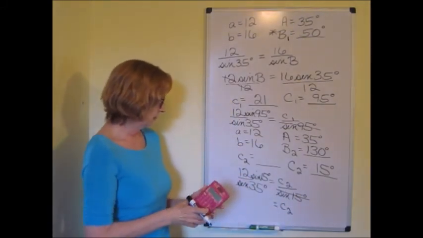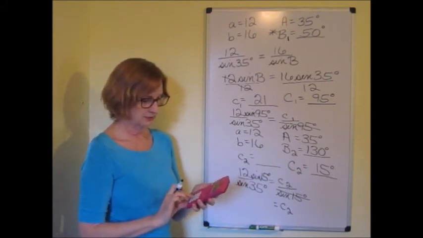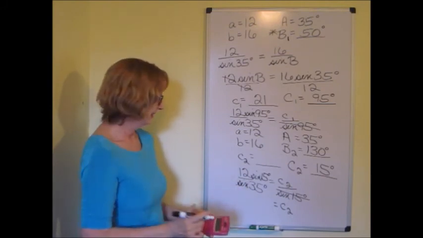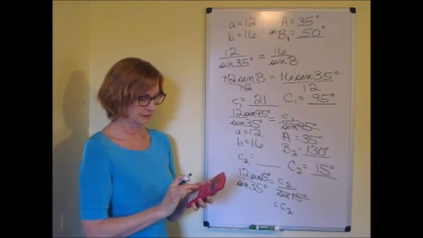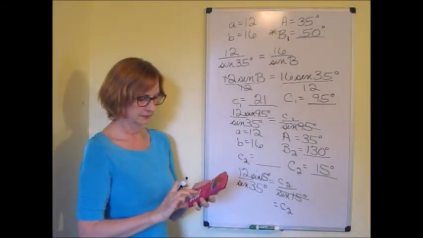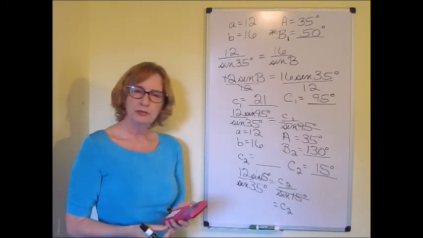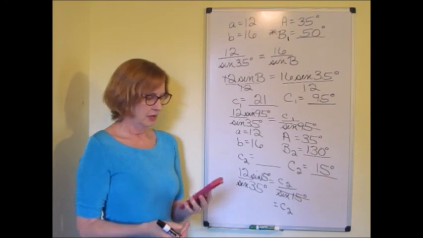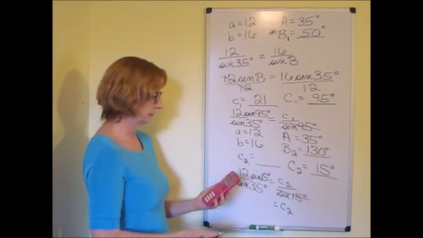Let's see what we've got. So 12 times the sine of 15, and your parentheses, divided by the sine of 35. I'm getting 5.4. If you round it to the whole number, you could say 5. If you went to the 10th, you can say 5.4. Either way is fine here.